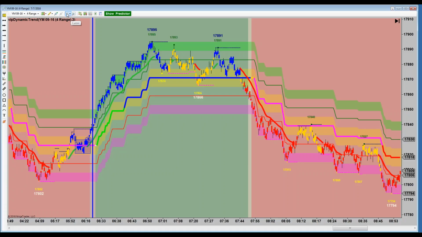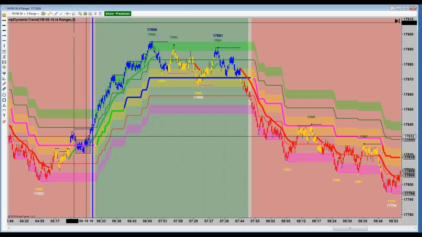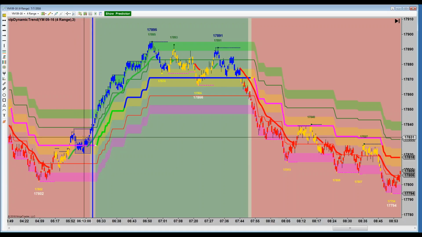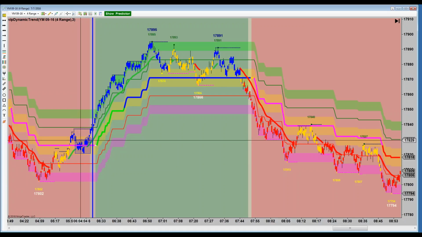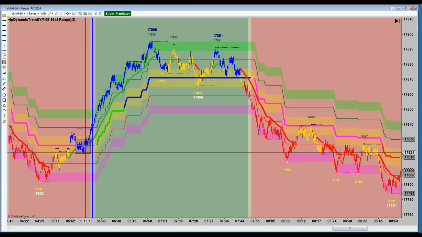So let's look at what the properties are that make up a good region box. The main one in terms of gauging whether it's a good box is the size of the box. So for instance, you can see here the top of this is located right here around, let's use round numbers, 17,830 roughly, and the bottom of the box is located around 21, right down in here, 22.